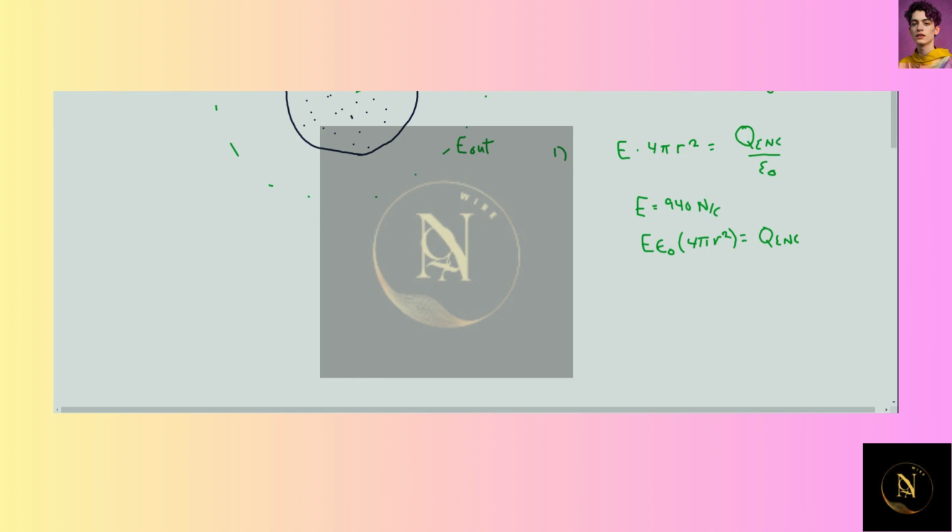Okay, so epsilon naught, the electric field we know, and we'll use SI units. Epsilon naught is just 8.85 times 10 to the minus 12, the permittivity of free space. 4 pi is just 4 pi, and we're 0.08 meters away. Having used SI units, that should give us the charge in coulombs.